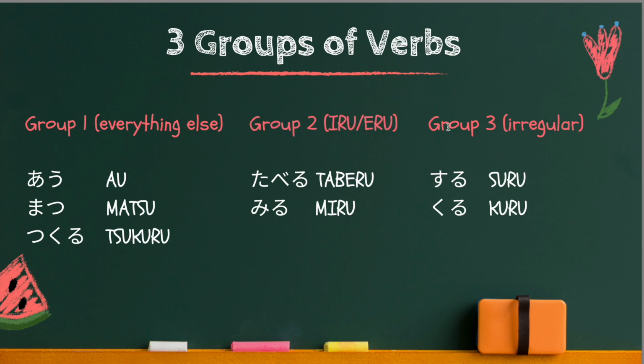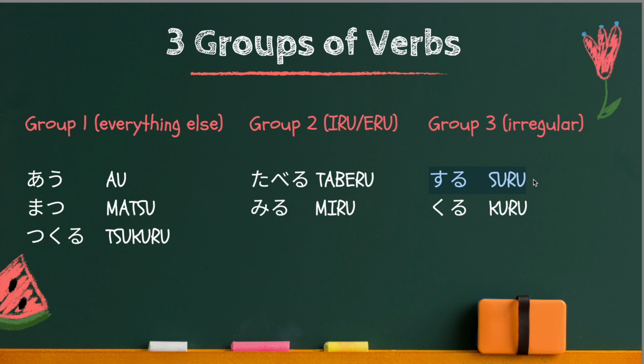Next one, group 3. This is the irregular group, and there are only 2 irregular verbs in Japanese, suru and kuru. Suru and kuru are also dictionary form, plain form or casual form. Suru means to do.